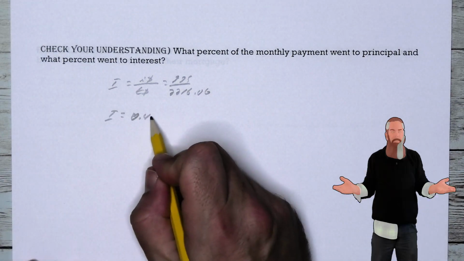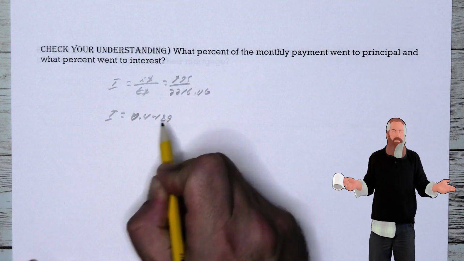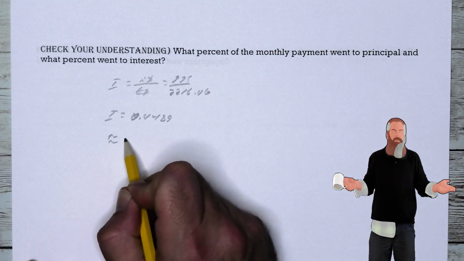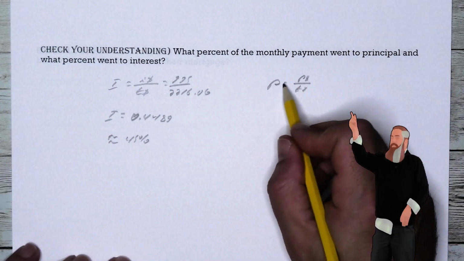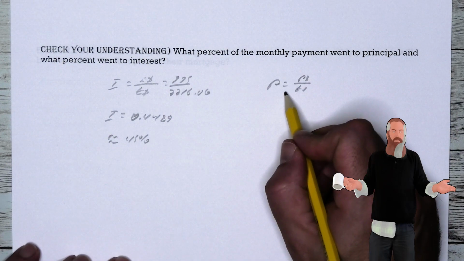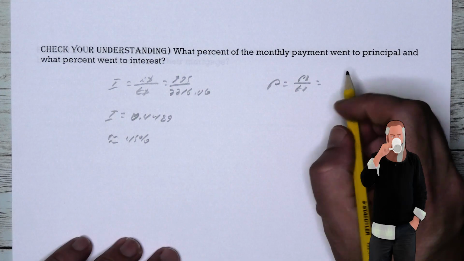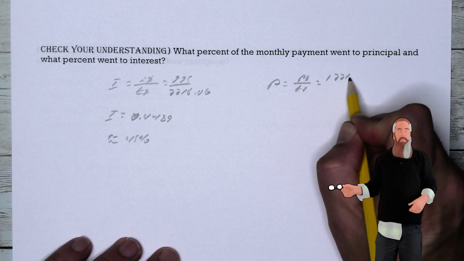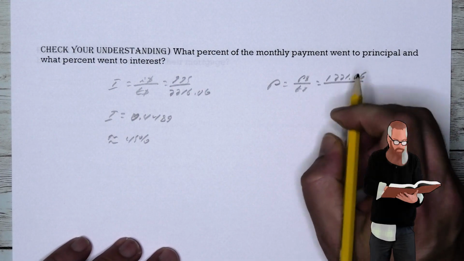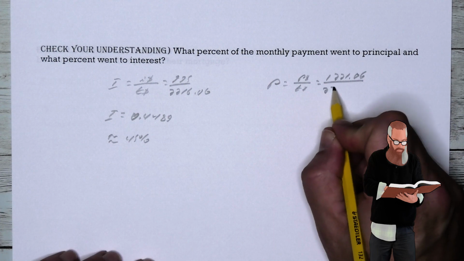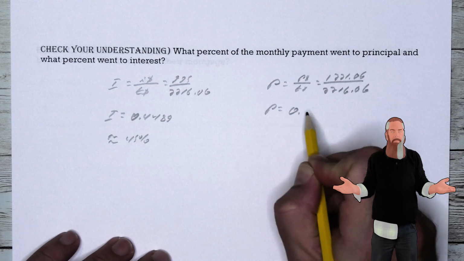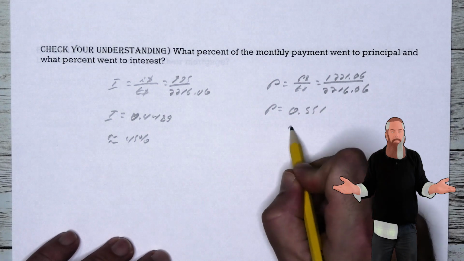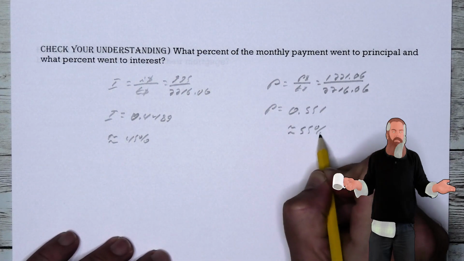So the interest is 0.4489, or approximately 45%. And the principal amount would be the principal dollars divided by the total dollars, which would be $1,221.06 divided by $2,216.06, which would be 0.551, or approximately 55%.